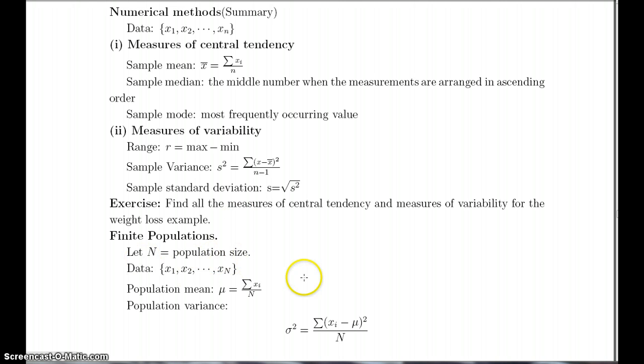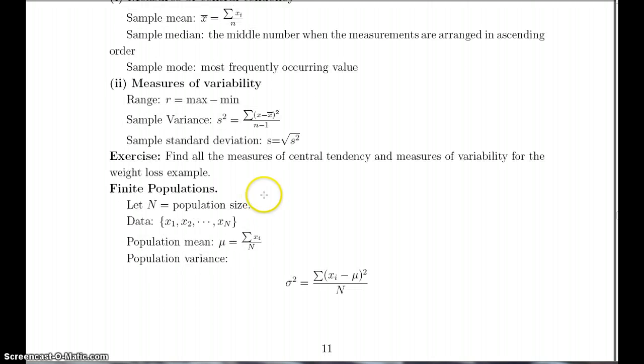So if you have a small population, then the data you have would be every measurement in that population, x1, x2, up to xn. If I have 20 students in a class and these are their test scores, there would be 20 of these. If I find the mean, I take all these scores, average them up, and divide by 20.